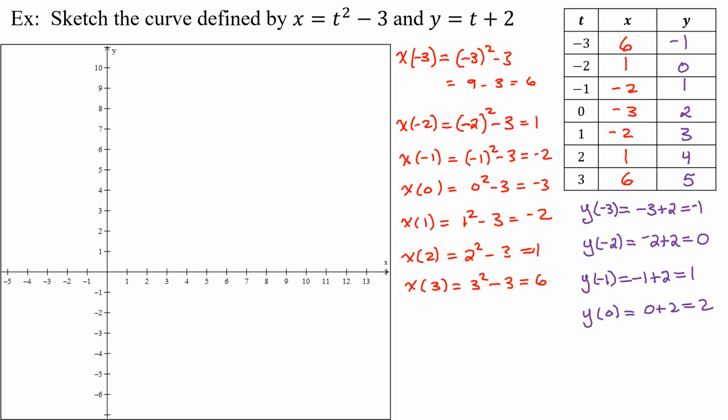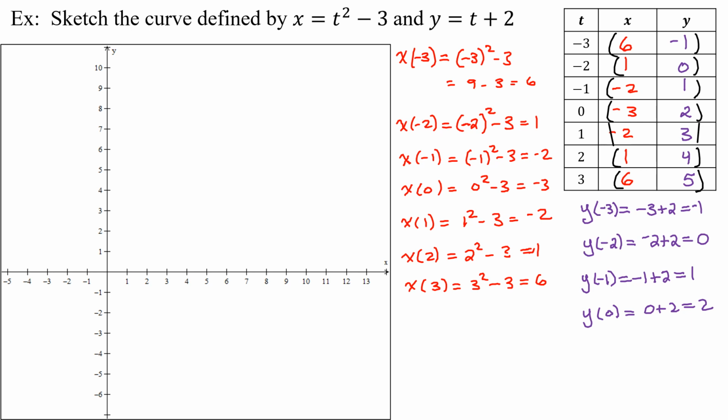But our points are 6, -1, or 1, 0, or -2, 1. So all of these points, those are the points that I have to work with. And I'm going to plot those points on my graph.